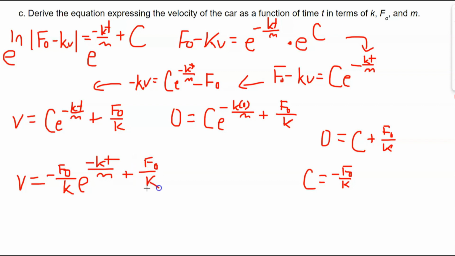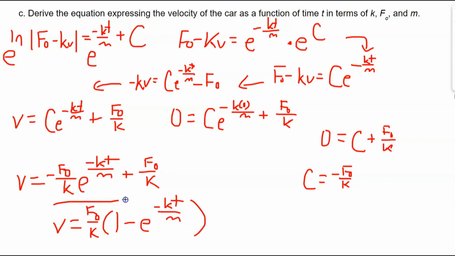You could leave it off right here, but I'm going to take the extra step and factor out the f sub naught over k because it is in both terms, and inside will just be 1 minus e to the power of negative kt over m. So we finally got our velocity function of time.